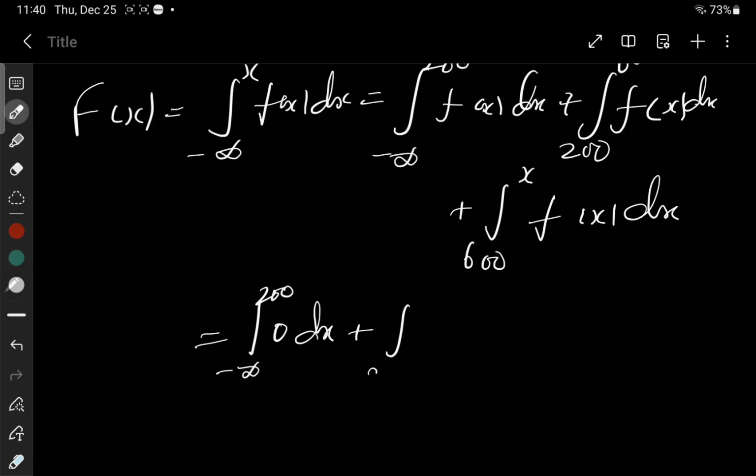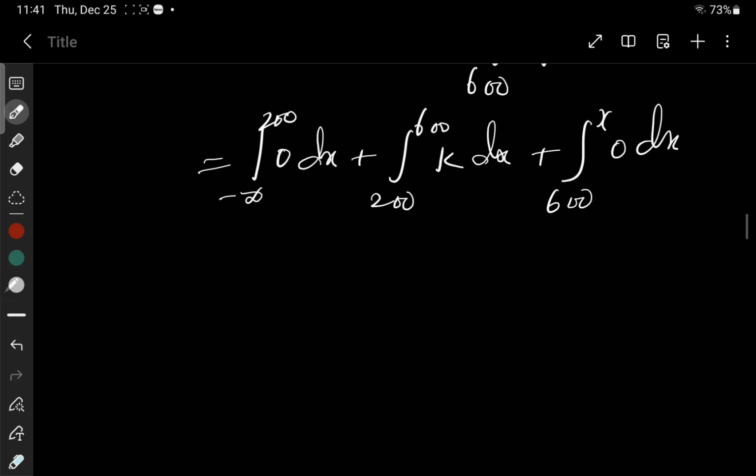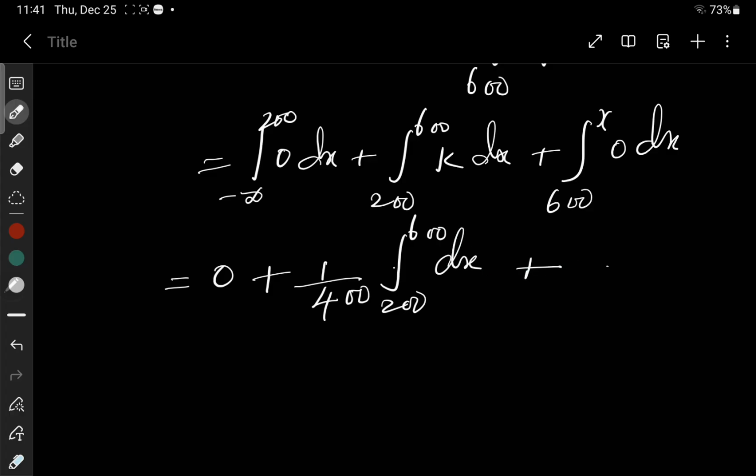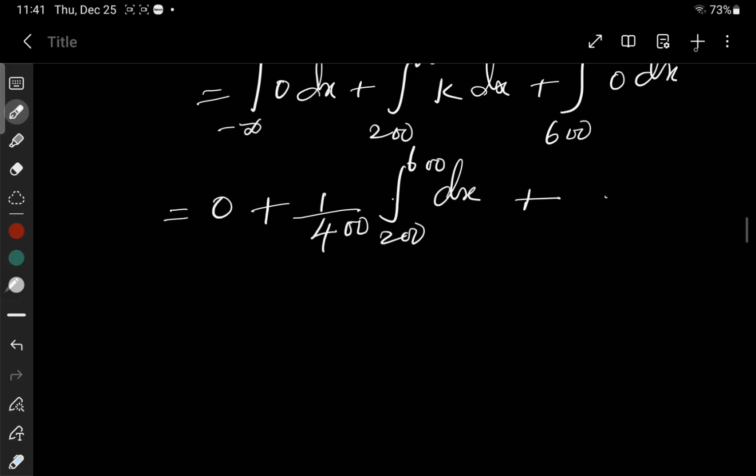But here 200 to 600 the function is k dx. And after 600 also the function is 0 dx. So in all these cases, 0 plus k constant, but k value is 1 by 400. 1 by 400 into the integral of dx from 200 to 600, plus 0.